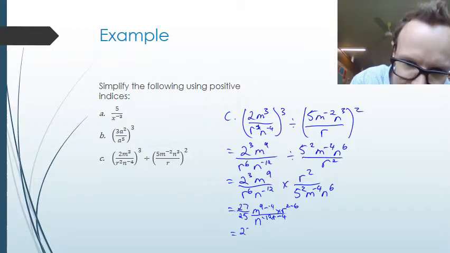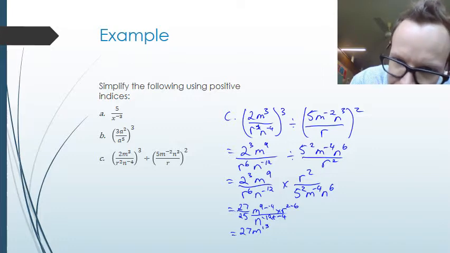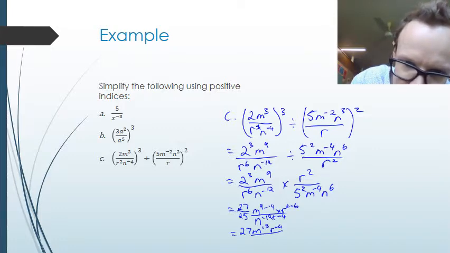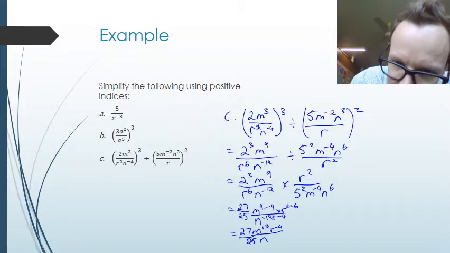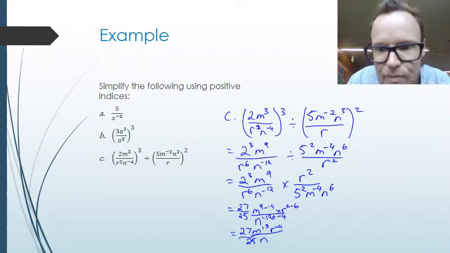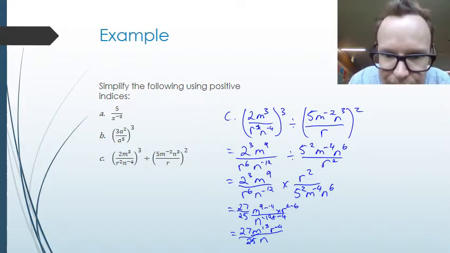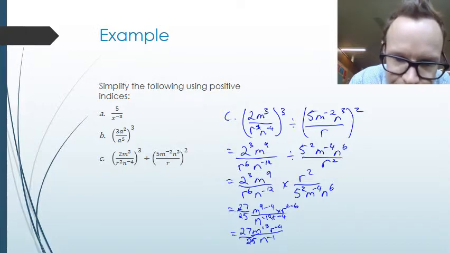Left with 27 m to the 13 r to the negative 4 over 25 n to the negative 12 plus negative 4, which is going to be negative 16.